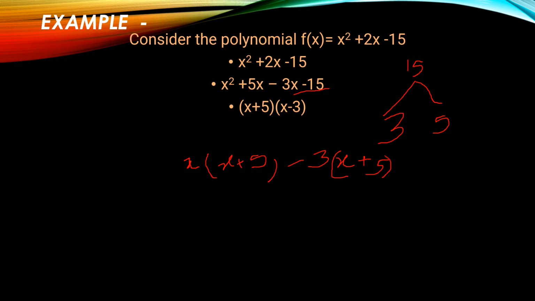So we see that these two brackets, these two factors, are the same. Taking x + 5 common, we are left with x and −3.